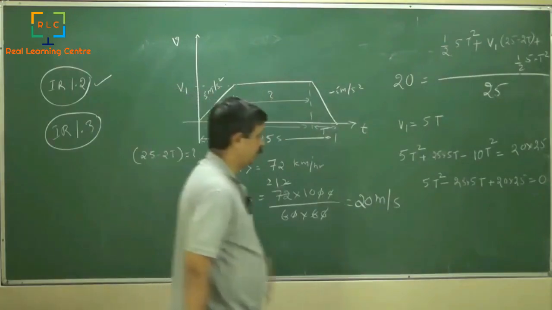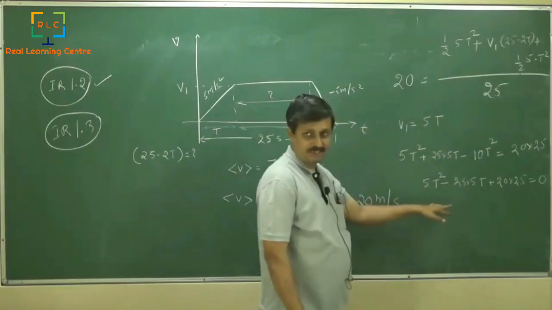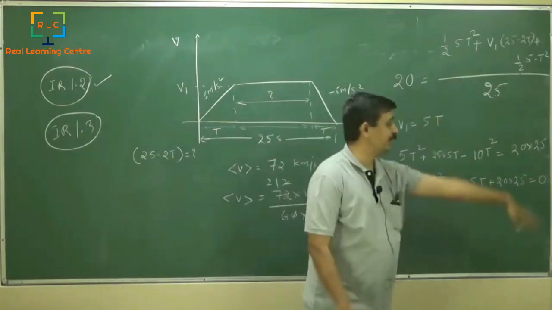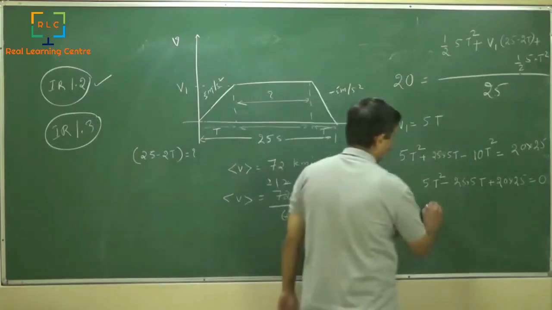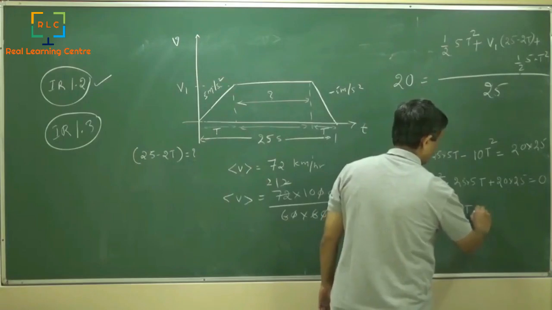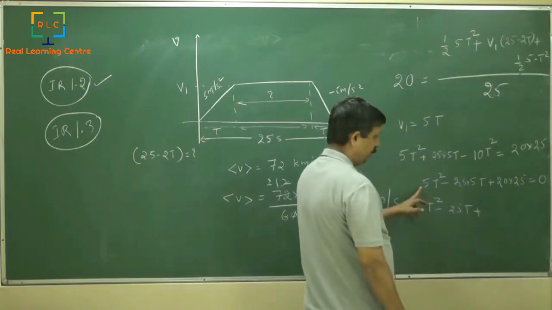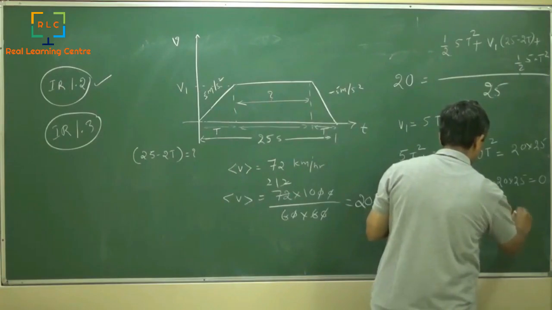Okay, I just 5t square minus 5t square is minus 5t square. Okay, I took the minus 5t square, that's why I make plus 5t square. Okay, now I will divide everywhere by 5. T square minus 25t plus this one we written as 20 into 5 is equal to 0.